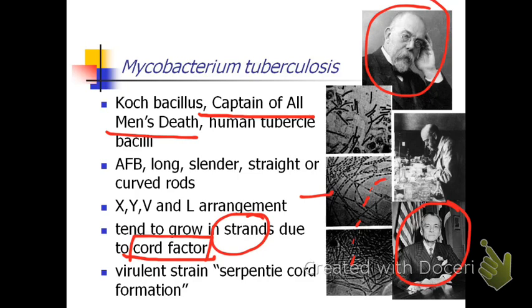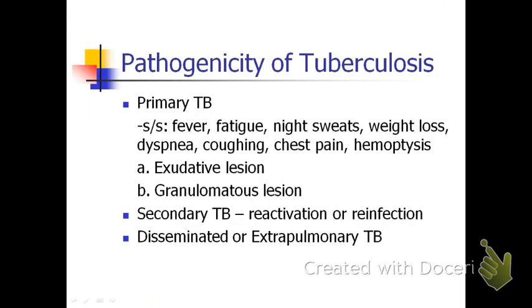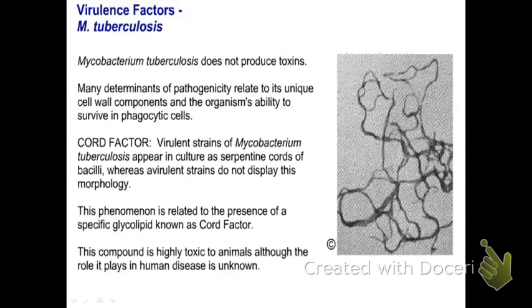It is also known as the serpentine cord formation. So Mycobacterium tuberculosis does not produce toxins. However, the pathogenicity is due to the presence of cord factor.